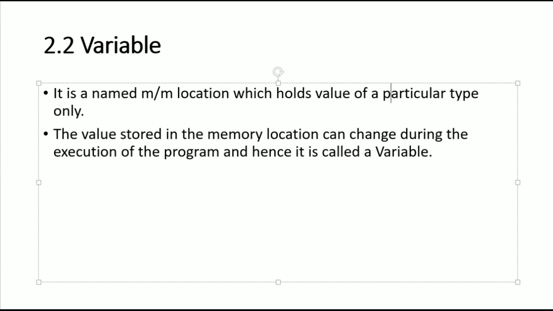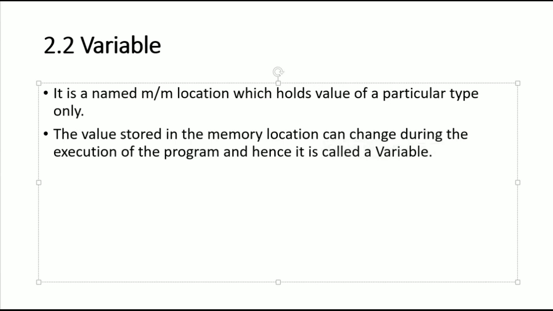value only. For example, if I declare that a variable x is going to hold an integral value, then I'm going to store integral values only. I'm not going to store any string or any characters in that. The value stored in this memory location can change during the execution of the program, and hence it is called a variable.